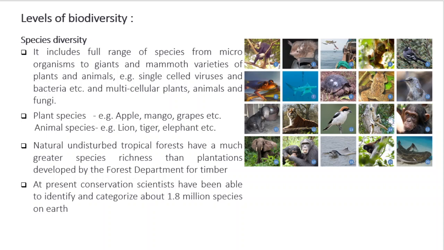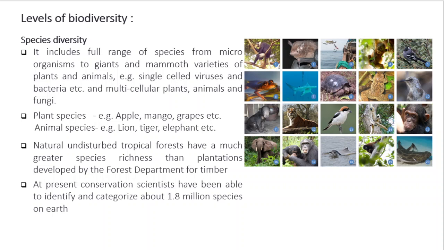Plant species, for example, apple, mango, grapes, etc. Animal species, for example, lion, tiger, elephant, etc. Natural undisturbed tropical forests have such great species richness, unlike plantations developed by the forest department for timber. At present, conservation scientists have been able to identify and categorize about 1.8 million species on Earth.